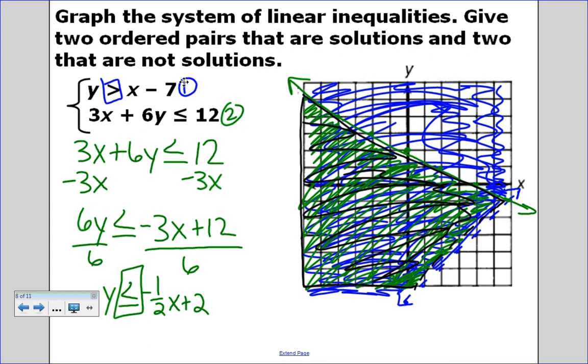Why don't you just pick point 0, 0, because that's really easy and lies in both, and plug it in and check to see if it works. And just the same, I could pick something that was not in my shaded region, like this point right here, and I would want to make sure that I get not a solution when I plug in this x, because that's not included in my shading. So sometimes it might not be a bad idea to check something that is in your shaded and something that's not in your shaded, especially if you're not sure of the overlapping area. Never hurts to do more.